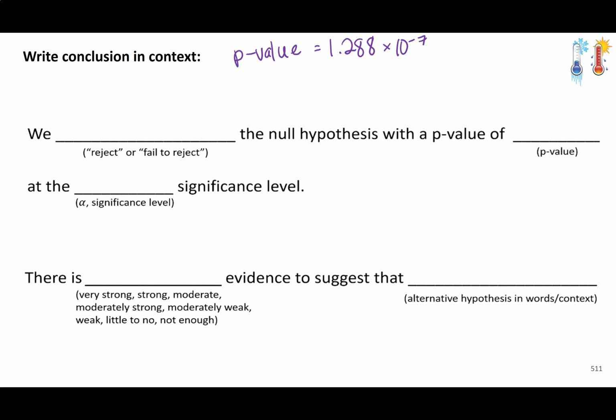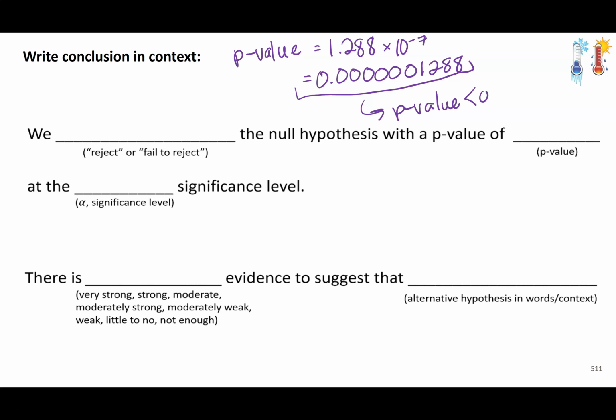That scientific notation is like saying 0 and then 6 zeros after the decimal. So 1, 2, 3, 4, 5, 6, 1, 2, 8, 8. This is really tiny. It's totally okay to just say p-value less than that small number.